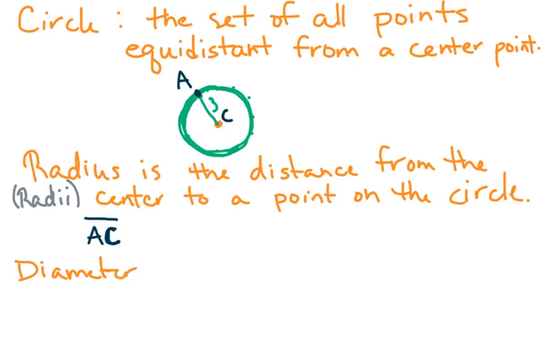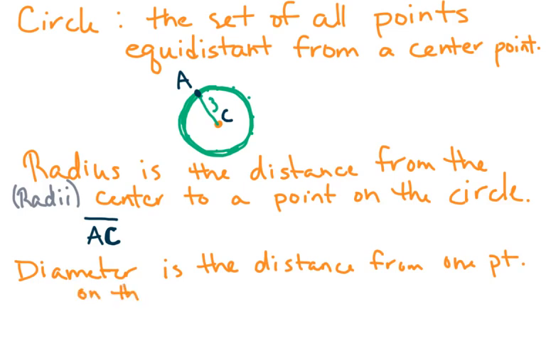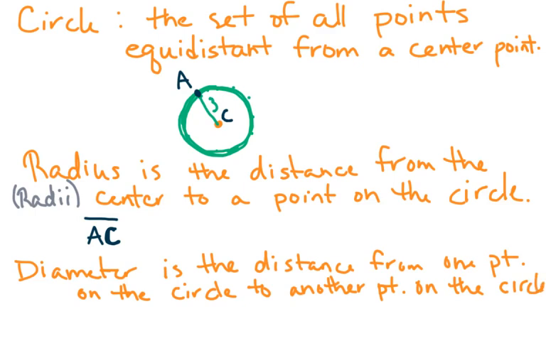So the diameter of a circle is the distance from one point on the circle to another point on the circle that goes through the center.